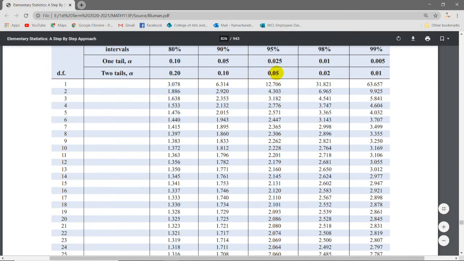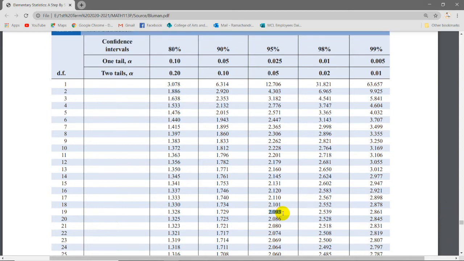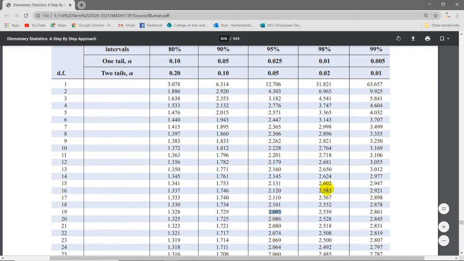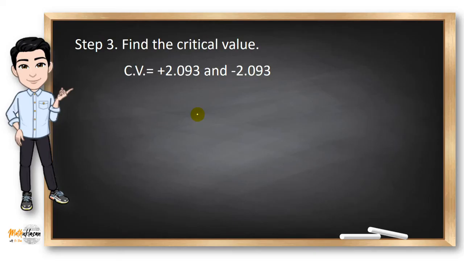Since the alpha level is 0.05, what is our critical value? The critical value that we're going to use is 2.093, because this is the intersection of degrees of freedom 19 and alpha level 0.05 using the two-tails column.